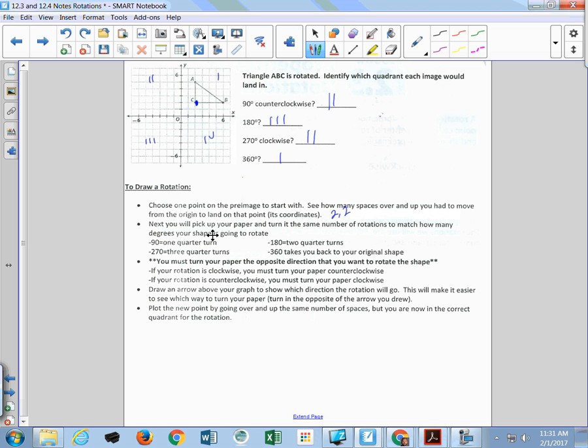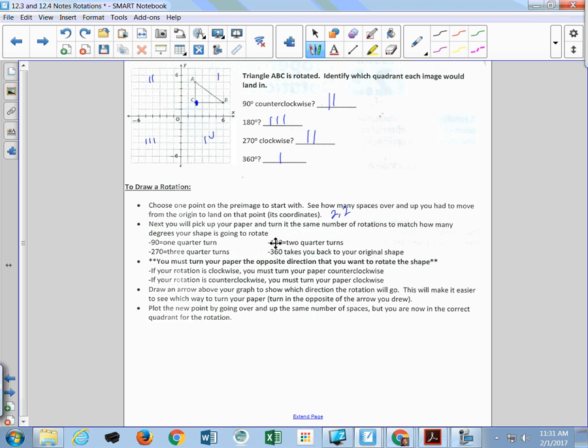All right, next you're going to actually pick up your paper and turn it the same number of rotations to match how many degrees your shape is going to rotate. So if you want to rotate 90 degrees, you're going to turn it 1/4 turn. And I'm going to show you that on the example here in just a second.